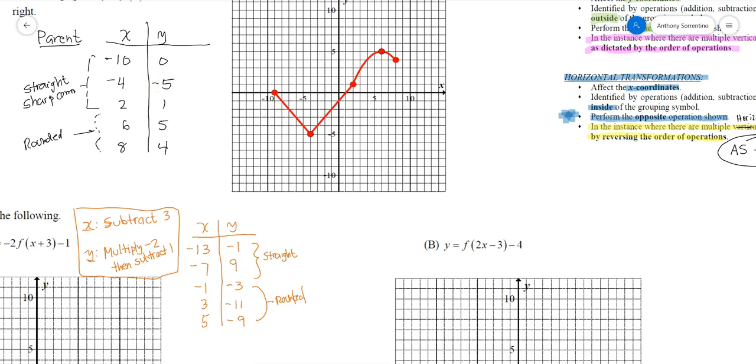And when I look at the stuff I have to do for this one, again, I want to define what I need to do to my x's and what I need to do to my y's. The y's are easy. The only thing occurring outside the parenthesis besides the f, which is what defines the function, is a subtraction of 4. That's the only vertical transformation. And therefore, it's telling me to take my y coordinates and subtract 4.